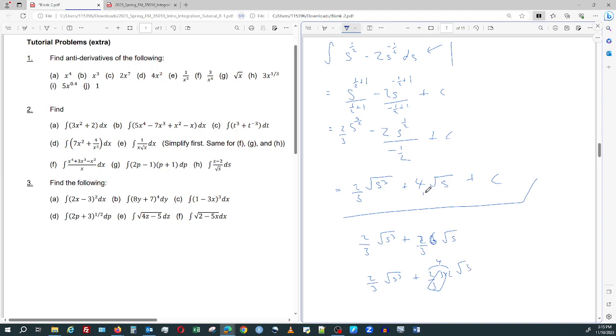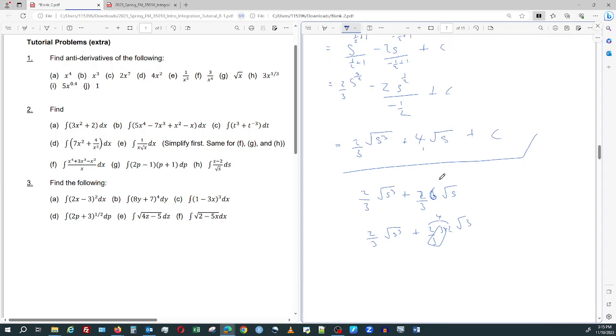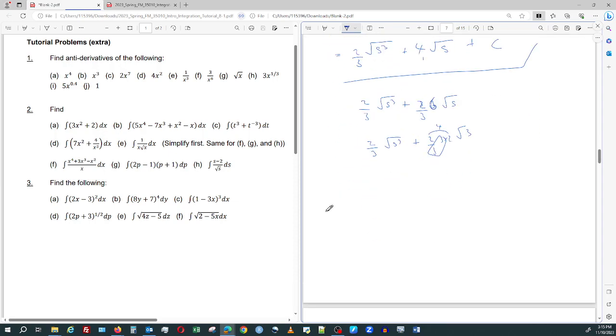So by splitting the 4, and that's the tricky bit. Okay, so let's just do the operation just the way we saw it. So we've got 2/3 s cubed plus 4 s. I'll just leave the c out of it for the moment. Now, this 4 is going to be split into 2 2's.